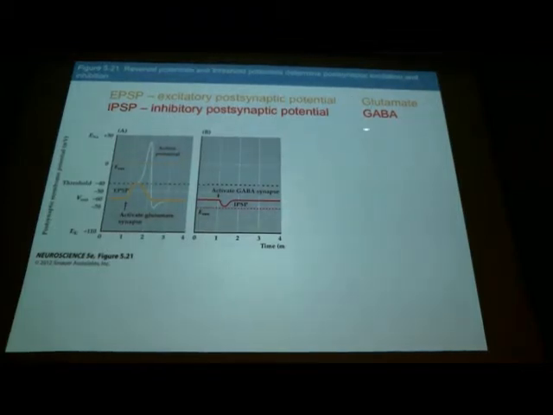And then GABA is a neurotransmitter that binds a different ligand-gated receptor that passes ions such that it has a reversal potential that's very negative. And that's why you're pushing the membrane either depolarized or hyperpolarized. It depends on the receptor.